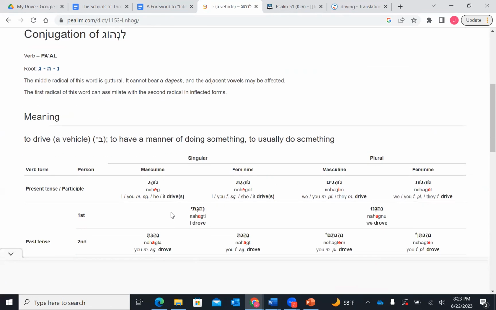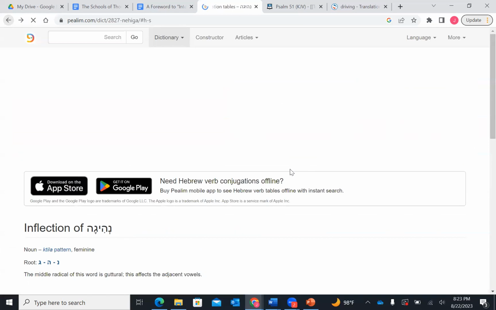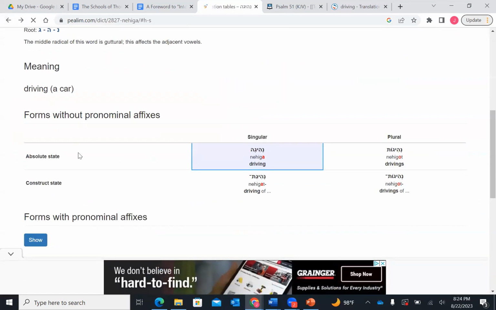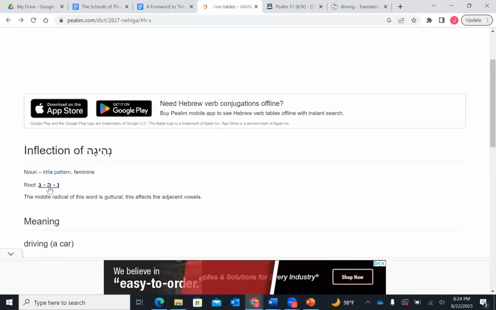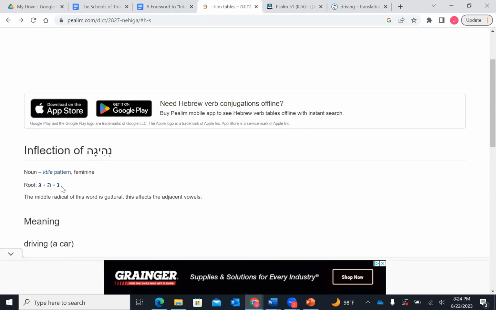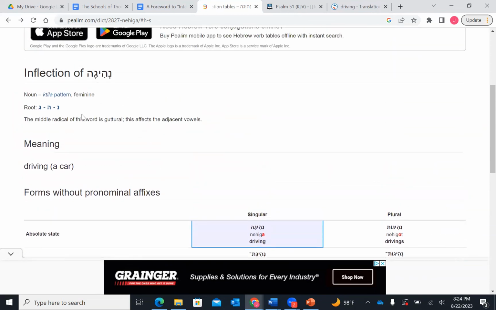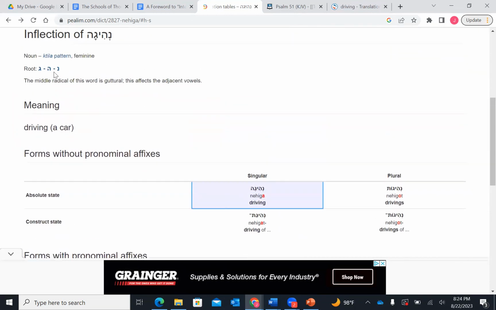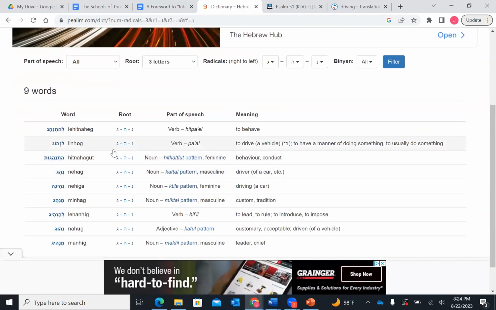Yeah, there you go. Let me show what I did. When I put the word in there, you have the construct state and the absolute state. I didn't like any of these, so I went to the root word. It won't tell you what the verb family is, but I clicked on the root and it gives you all the different words for it.